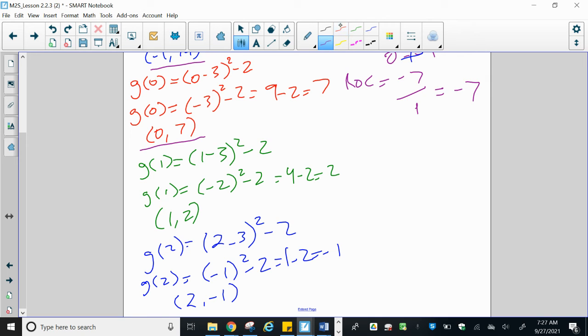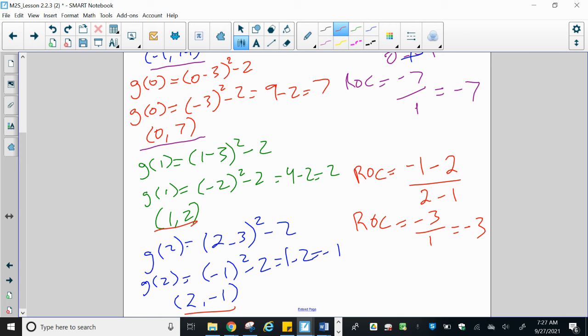And now let's calculate our rate of change between these 2 points. So we could do y2 minus y1, right? -1 minus 2 over 2 minus 1. -3 over 1 is -3.